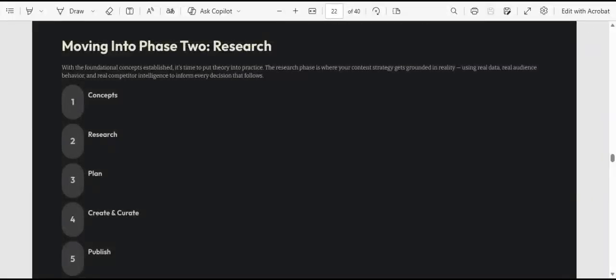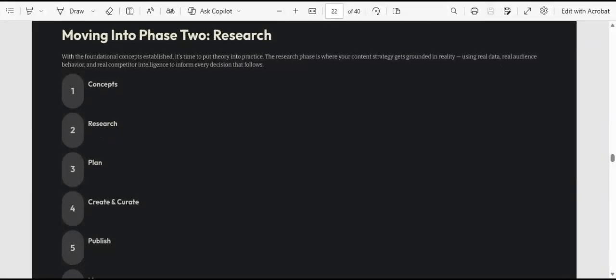In moving into phase two, research, in our next lesson we're going to talk about research. With the foundational concept established, it is time to put theory into practice. The research phase is where your content strategy gets grounded in reality, using real data and audience behavior, and real competitor intelligence to inform every decision that follows.